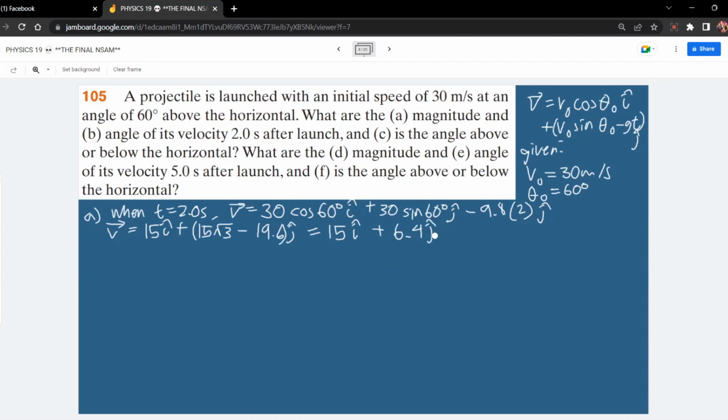Teka, yung values na ibibigay mo, since this is an intermediate calculation, at ayaw natin na mag-propagate yung errors, get extra significant figures. So 30 cosine 60 is going to be 15.0, para mapakita na 3 sig fig yan.